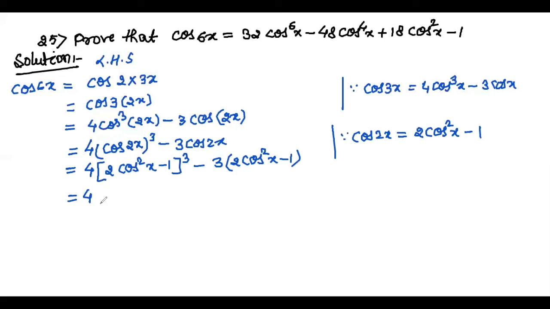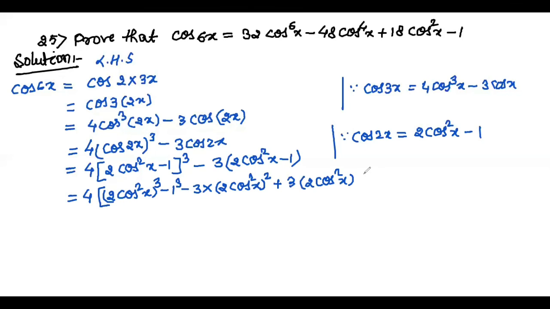This is a minus b whole cube. So we know that it is a cube minus b cube minus 3a square b plus 3ab square. So 2 cos square x whole cube minus 1 cube minus 3 into 2 cos square x into 1 plus 3 into 2 cos square x, minus 1 squared.